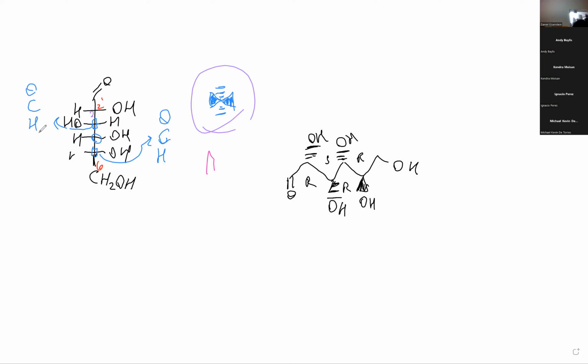Then I go up again to here and here, right? And I have a carbon, an oxygen, and a hydrogen. And then down here in the green one, the bottom one that's circled, I have an oxygen, a carbon, and a hydrogen. So I have another tie.